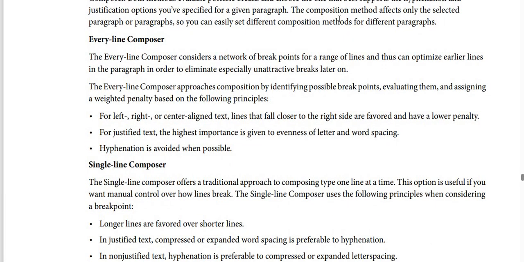For left, right, or center aligned text, lines that fall closer to the right side are favored and have a lower penalty. For justified text, the highest importance is given to evenness of letter and word spacing, and hyphenation is avoided when possible.